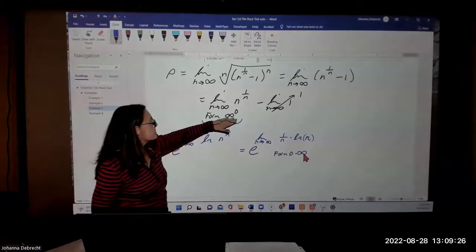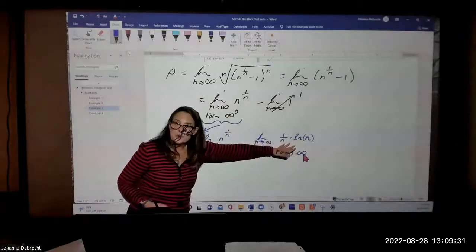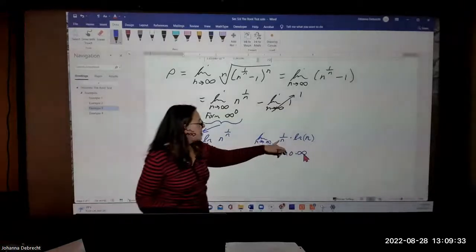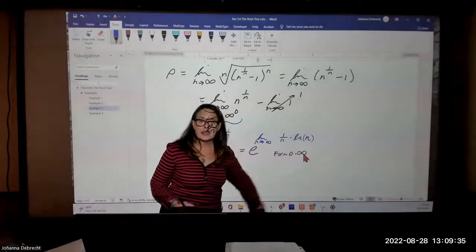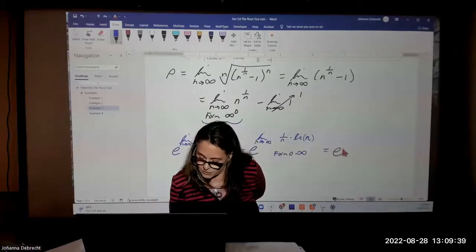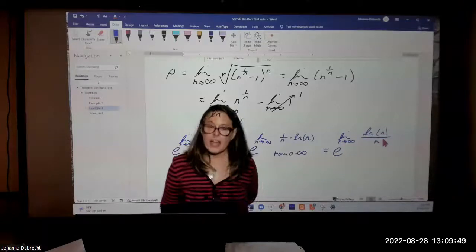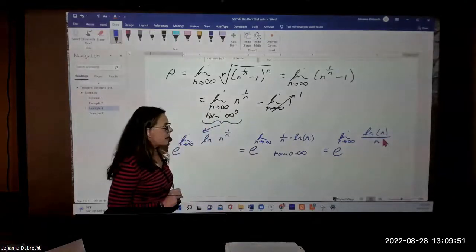So we've gone from infinity to the 0 to 0 times infinity. We never move natural log. So all I need to do really is slide that n into the denominator under natural log. And that will fix the form to be one of the two basic forms, 0 over 0 or infinity over infinity. So now I have the natural log of n divided by n.